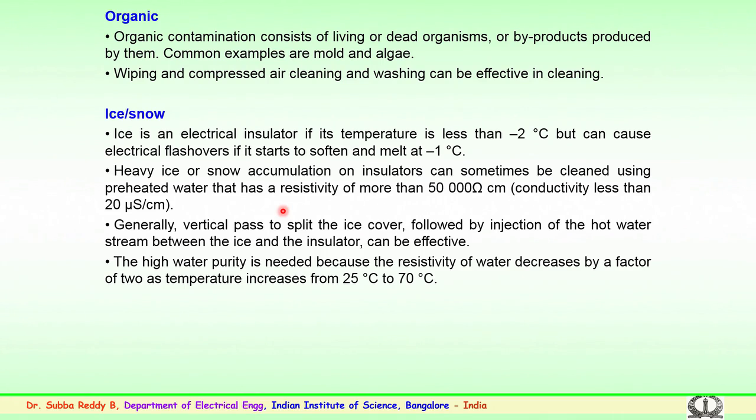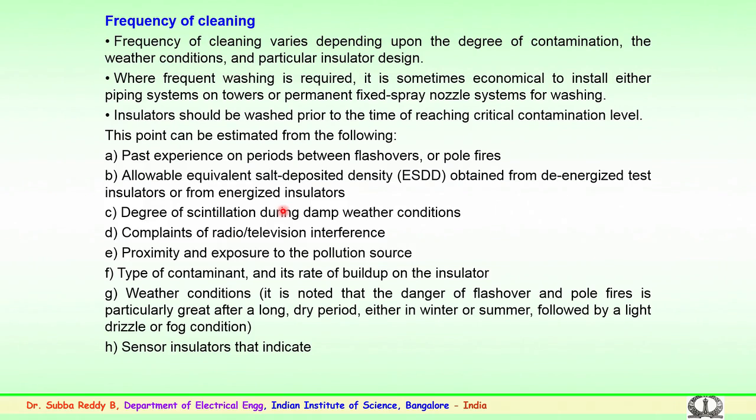So, proper cleaning mechanisms have to be done and necessary techniques have to be employed for proper maintenance and also better efficiency, without causing contaminant flashover to the insulator in the transmission, distribution or substation system.